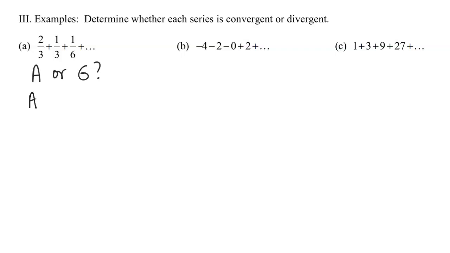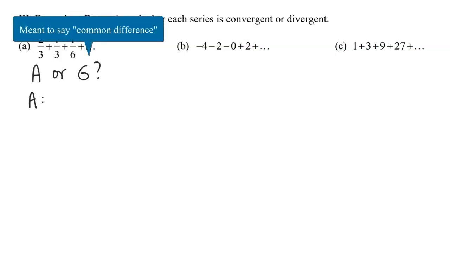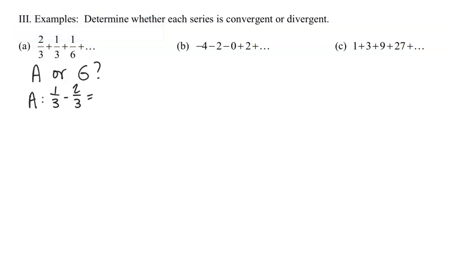And so if this series is arithmetic, then what that means is that it would have a common difference. And so I'm just going to check that real quick. If I take any term and I subtract the previous term, that should be the same number no matter which two terms I choose. So if I have 1/3 minus its previous term of 2/3, that is going to give me a difference of -1/3.